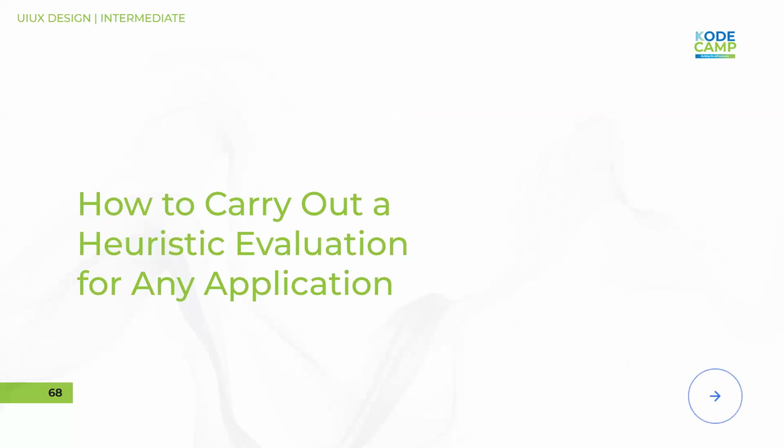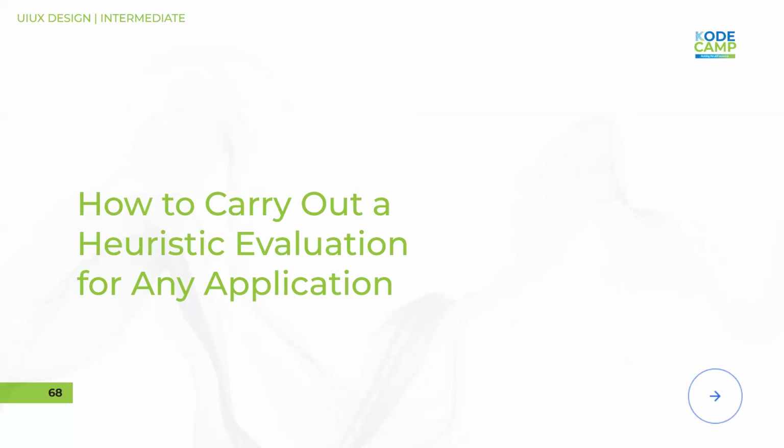So now we've learned about this whole heuristic evaluation. We now see, oh yes, this is what we mean by heuristic. We've looked at the 10 heuristics, visibility, error prevention, help users, and the likes of it.